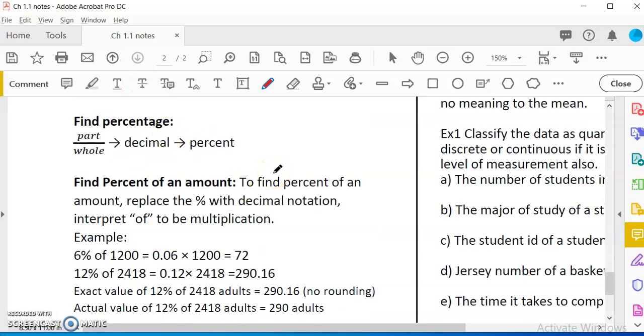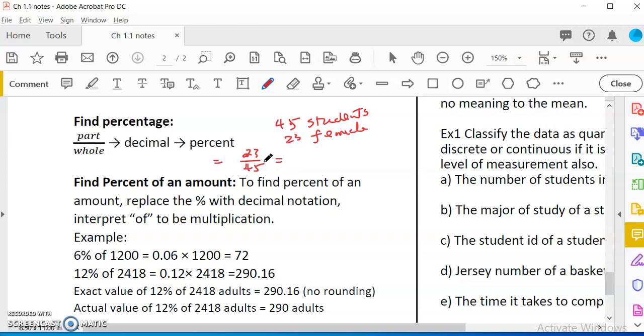For example, out of 45 students, 23 are female. So what percentage are female? We know this is the part and that is the whole, right? All the students in your sample. So the percent would be 23 over 45. You use a calculator to do it.